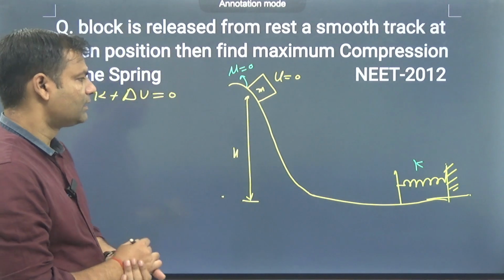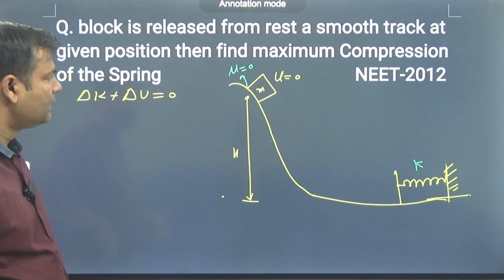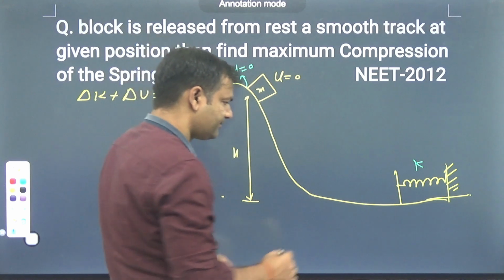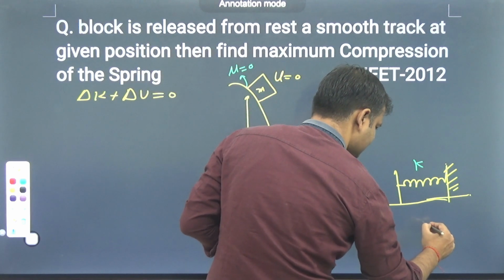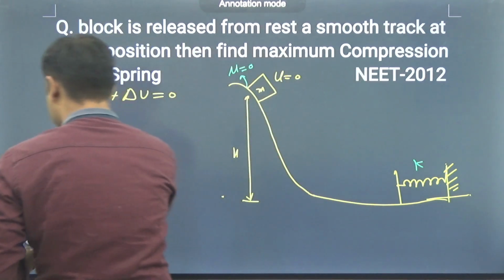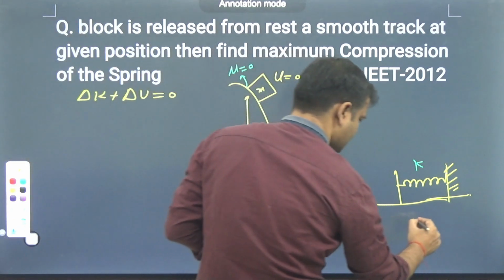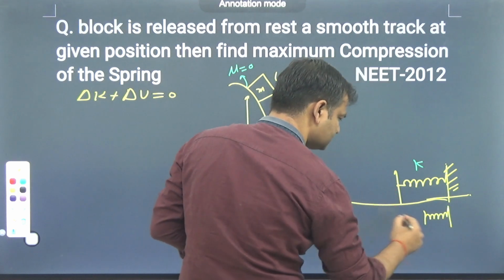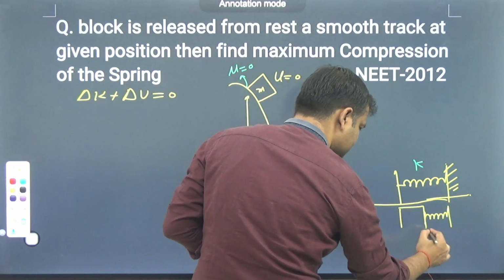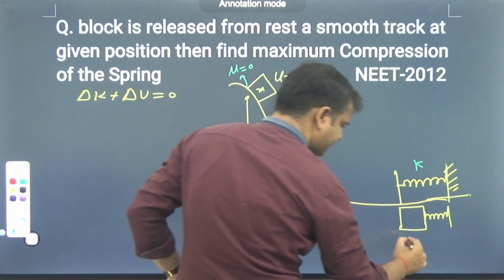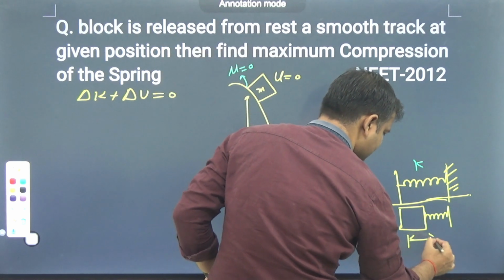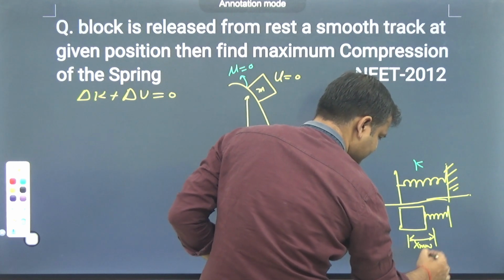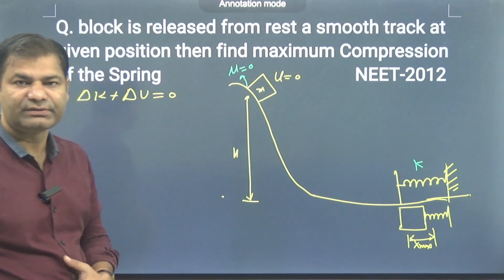Now, second, if this block goes to the final position, what about the spring? The spring is compressed like that, and after compression the block covers this distance, S max, for maximum compression.